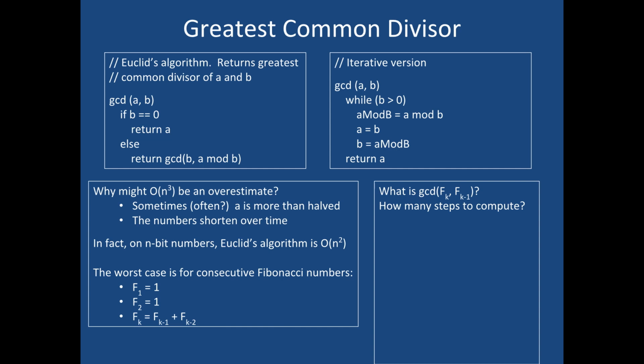Look at the code up there. F of k minus 1, comma, f sub k mod f sub k minus 1. Okay, what's that going to be?